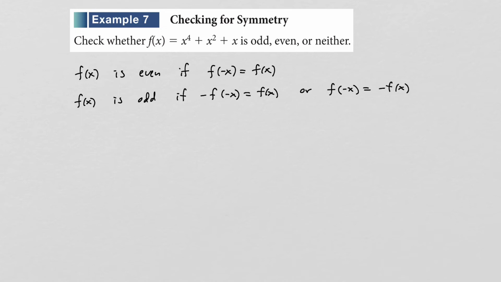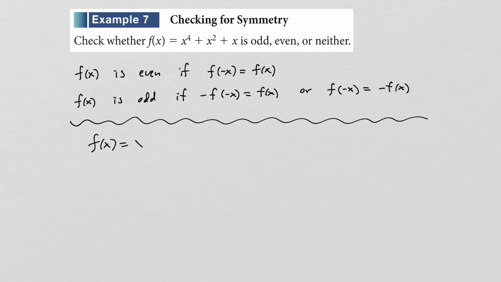So let's go ahead and run the test for this particular function. We have f of x is x to the 4th power plus x to the 2nd power plus x. To determine whether it's even or odd or neither, we need to figure out what is f of -x.